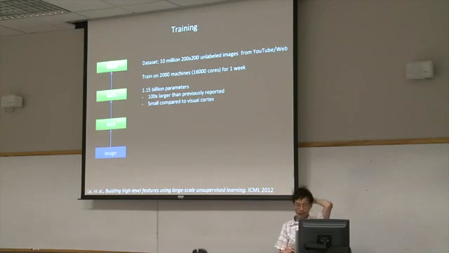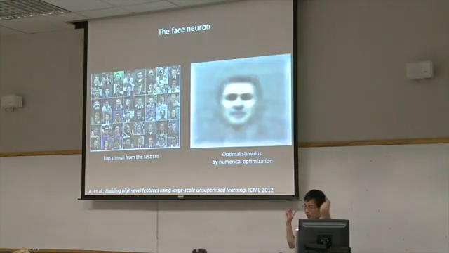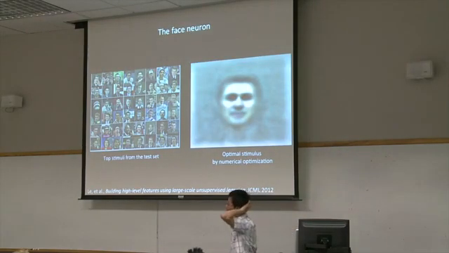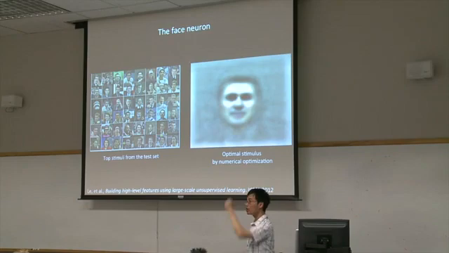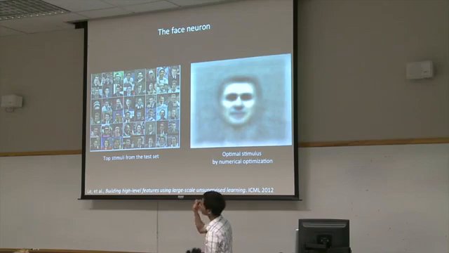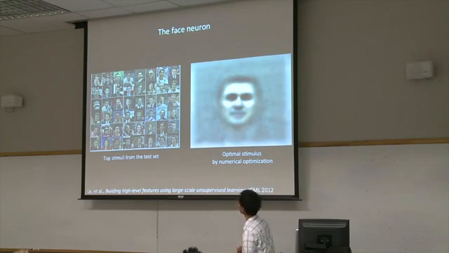And surprisingly, there's one neuron that is actually very sensitive to faces, okay? So when we visualize the top 100 images that it likes to see, they're all faces. Now one of them is actually not a face, but it looks very much like a face.